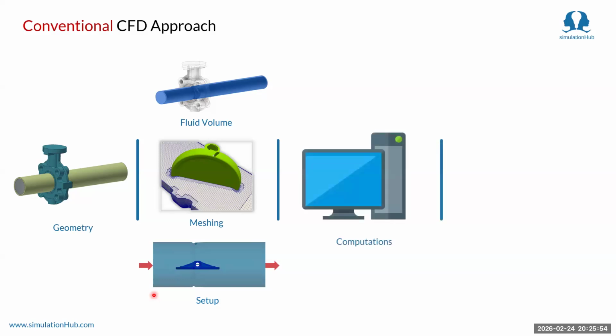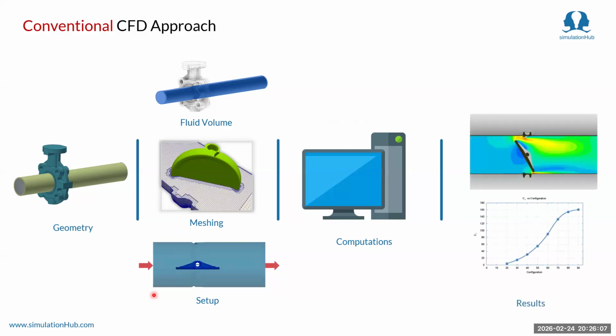For the computation part, you need an HPC setup in-house to run the CFD simulation. It takes hours, and then finally you get the results, do some post-processing, get the curves, do the calculations, and then create the report, right? So this is the conventional approach.